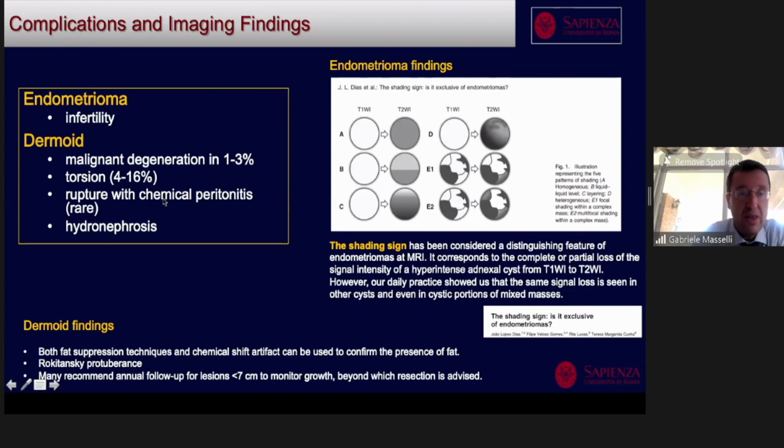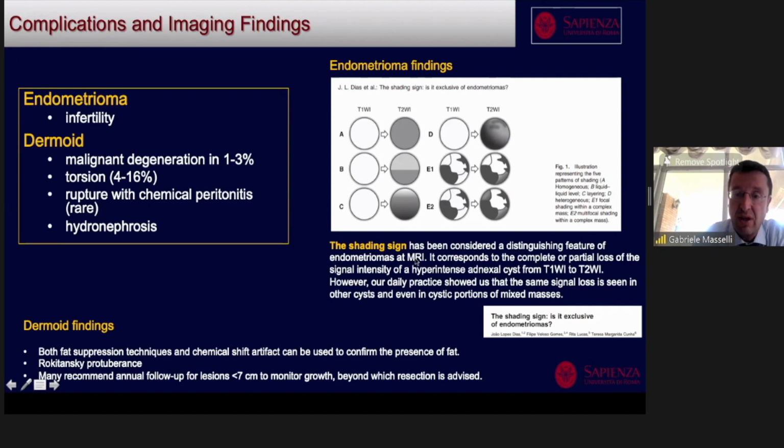It's important to evaluate the presence of fat and hemorrhage in the lesions, and MRI is better than CT to detect and differentiate these components. And I'll show you the typical shading sign that is characteristic of endometrioma.